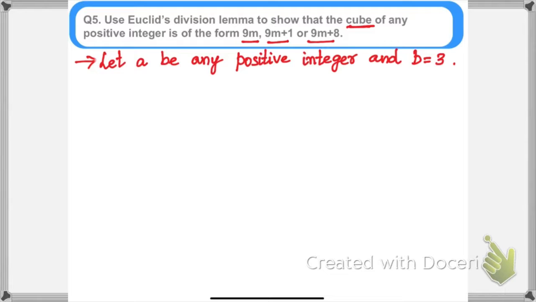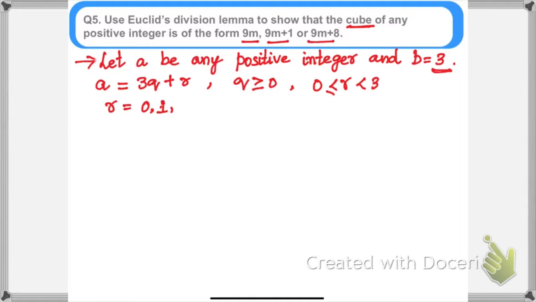Then by Euclid's division lemma, a is equal to bq plus r, and since we have considered b as 3, a is equal to 3q plus r, where q is greater than or equal to 0, and the value of r should be greater than or equal to 0 and less than b, that means less than 3.